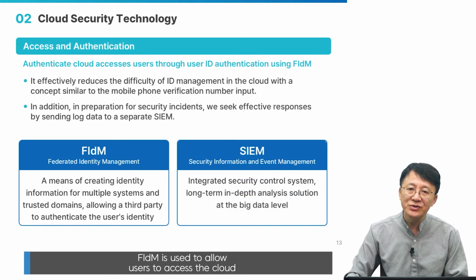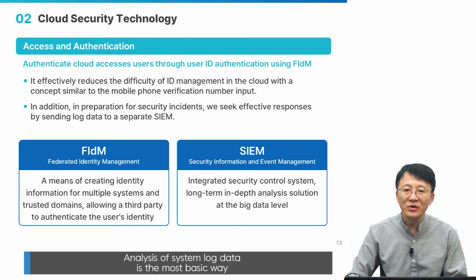FIDM is used to allow users to access the cloud by authenticating their user ID. FIDM is a concept similar to entering a mobile phone verification number. It allows for effective response to security incidents by transmitting log data to a separate SIEM.